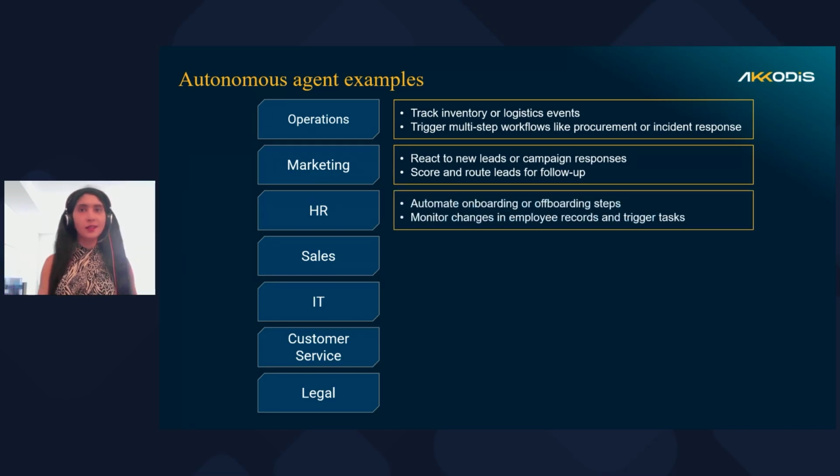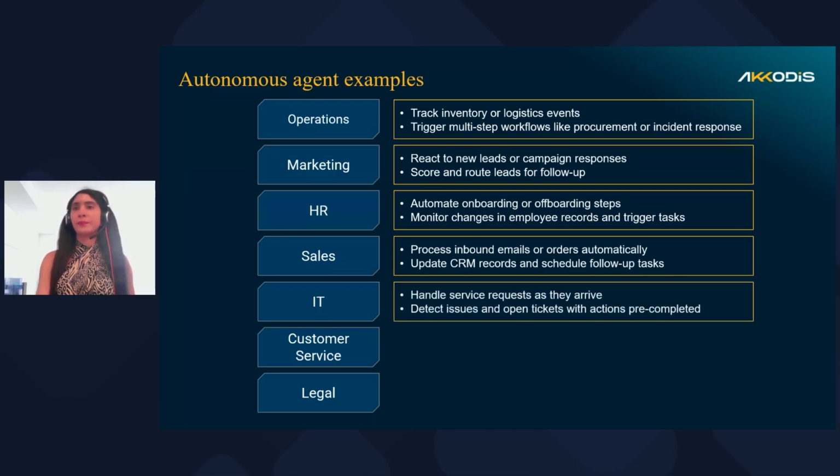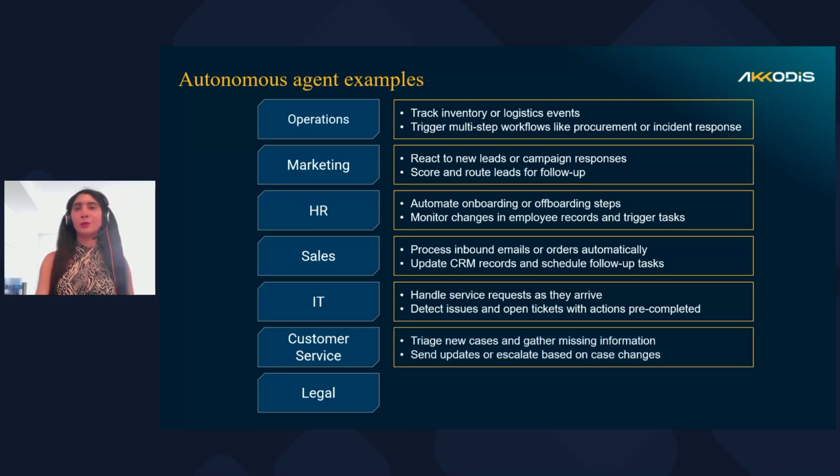HR, so this is a similar example to what I'll show you today. Automating an onboarding process for an employee, or what are the steps that need to happen once someone is no longer working for you. Sales could use it to update CRM records when there are changes, schedule follow-up tasks, and process their inbox. IT can use it to handle service requests when they come through.